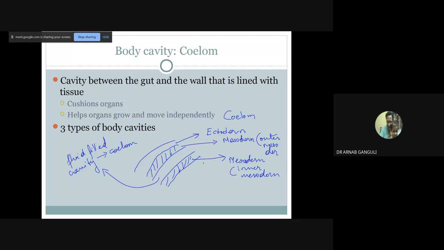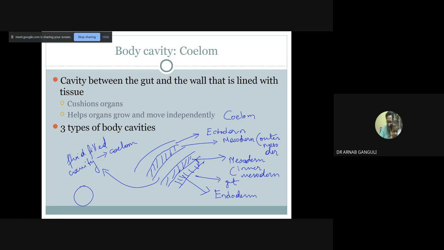And then you have another layer known as the endoderm. Then below that is the gut. So you can draw it like a circle and draw layers. And this is the body cavity.